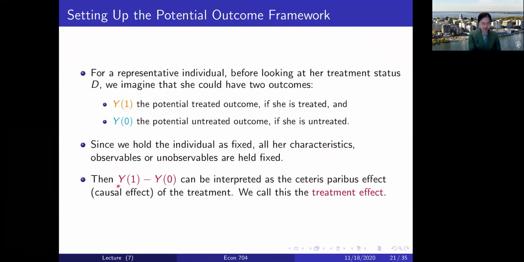Therefore, Y1 minus Y0 is interpreted as the causal effect of the treatment. And in this particular context with the dummy treatment variable, we call this the treatment effect. So Y1 minus Y0 is the effect of the treatment on the outcome for this particular individual. Okay, so individualized treatment effect.